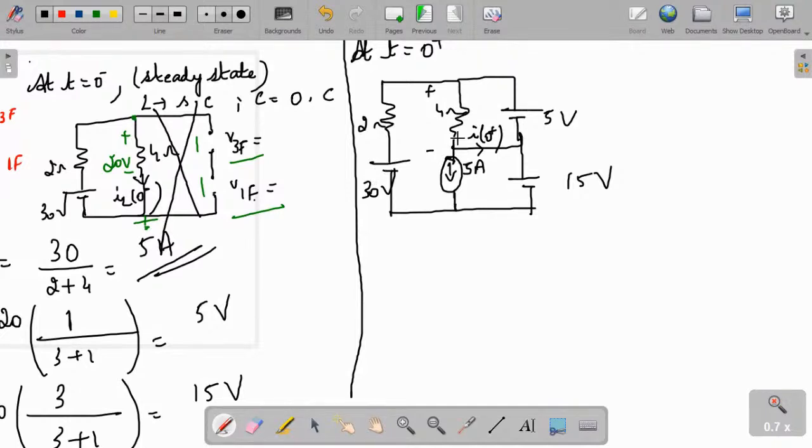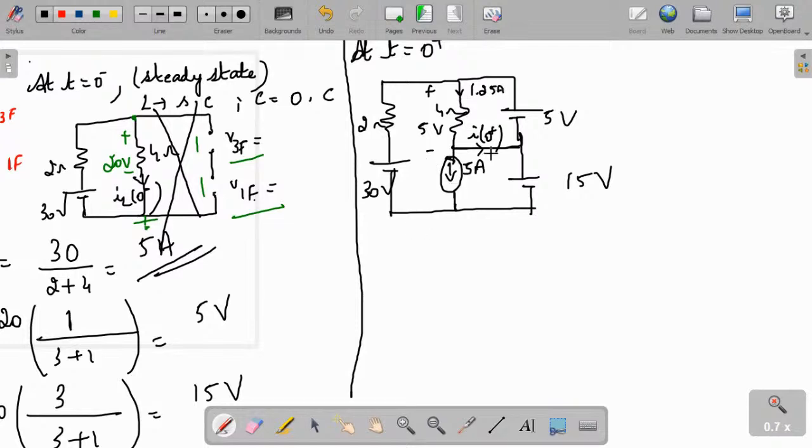Now the voltage drop is not 20 volt, right? Now this branch is connected. So only 5 volt will drop across this 4 ohm resistor. So what about the current flowing here? I is equal to V by R. So you'll get 1.25 ampere.